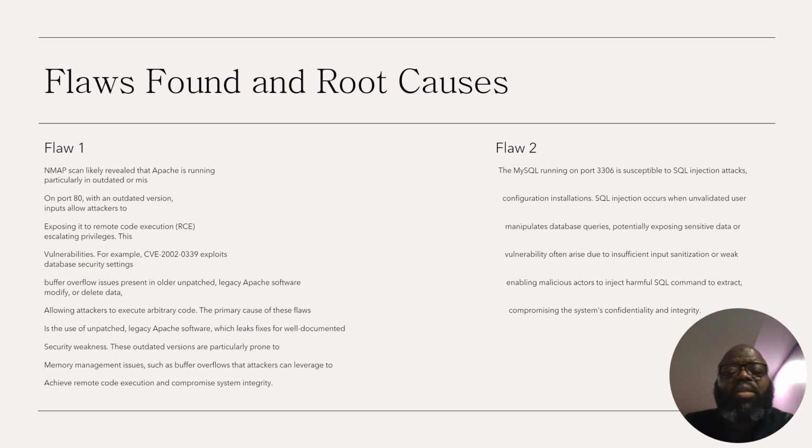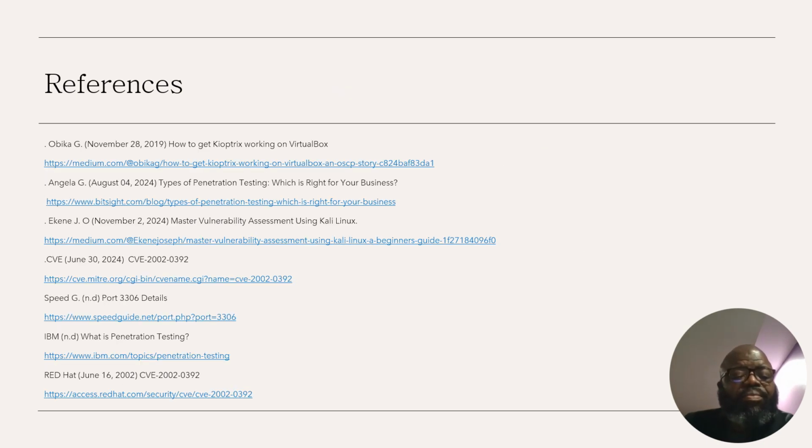For flaw 1 and flaw 2, the root cause is illustrated in the instructions and also the PowerPoint, where port 80 with the outdated version and also SQL running on port 3306 is susceptible to SQL injection attack.